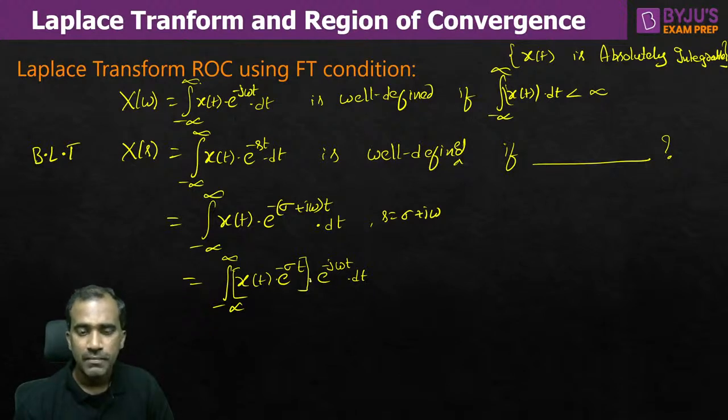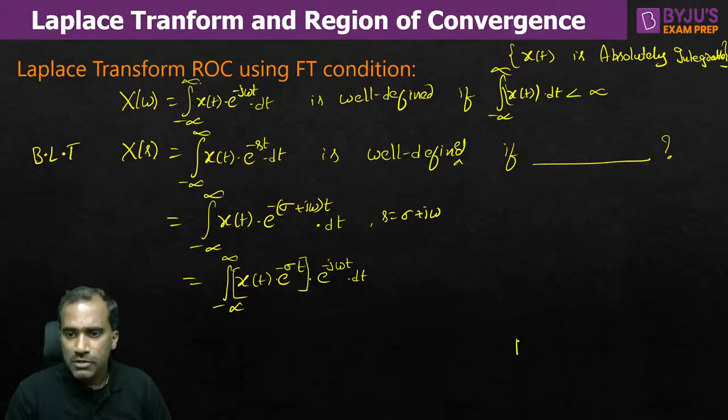Is it not looking like a Fourier transform formula? But in place of x of t, you have x of t into e power minus sigma t. So, can you tell me the Fourier transform of x of t into e power minus sigma t if you write?